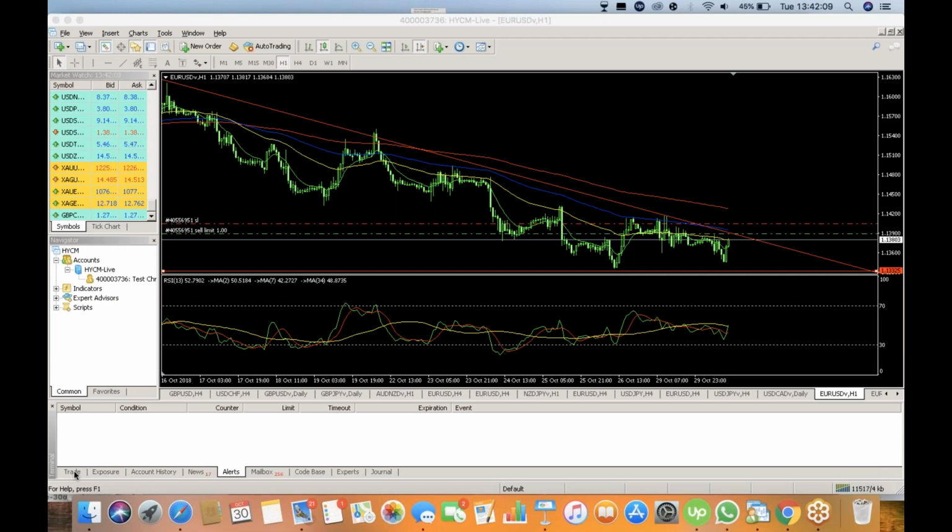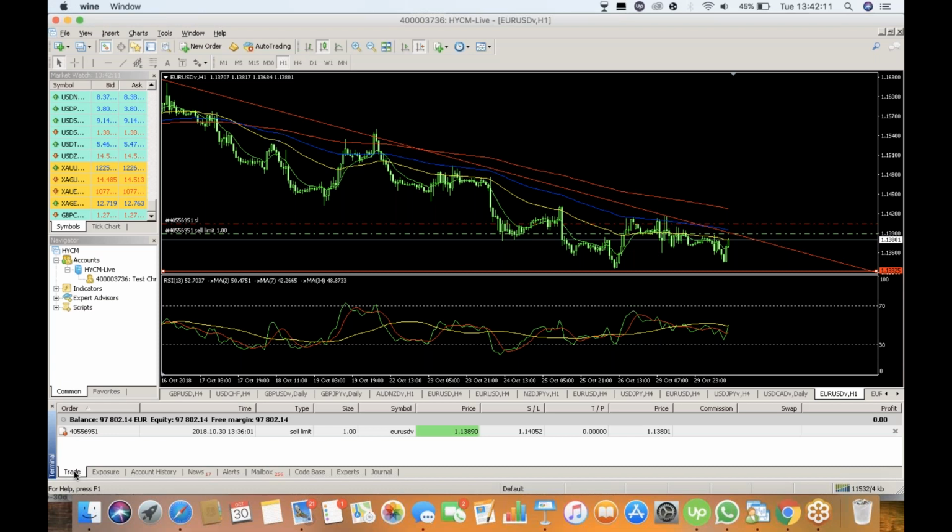Let me explain what leverage is. Okay, so here is the balance of the account. It's just around 100,000 euros. So in order for me to trade without using leverage, the maximum lot size that I could use is one lot size, which is 100,000 units of currency.